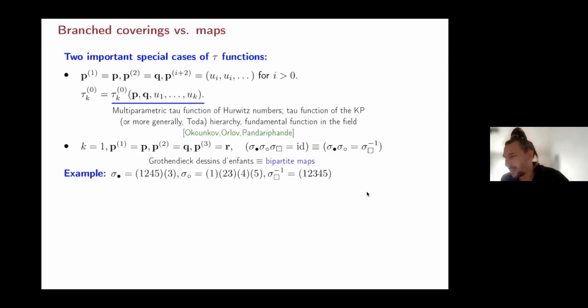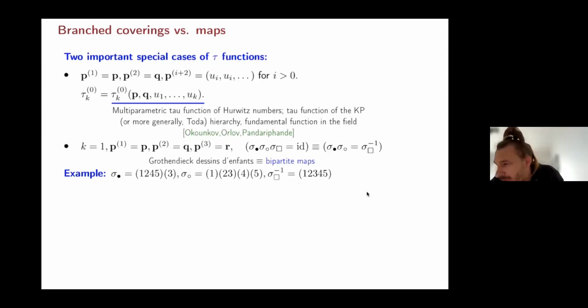So I will explain what bipartite maps are by showing you an example of how to create a bipartite map from my triple of permutations whose product is equal to identity. This procedure is in fact a bijection between labeled bipartite maps and factorizations of identity into 3 permutations.